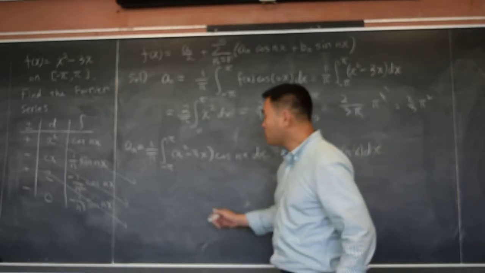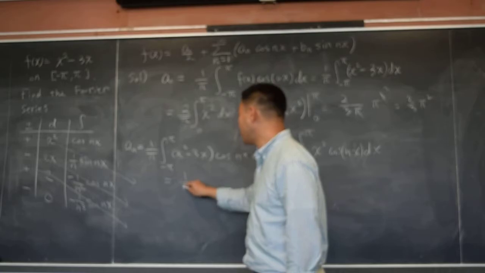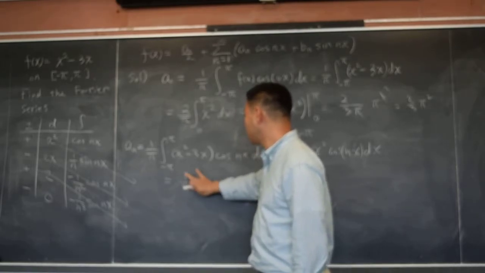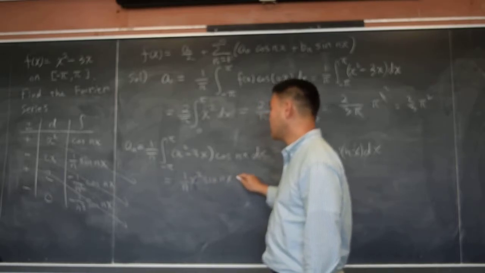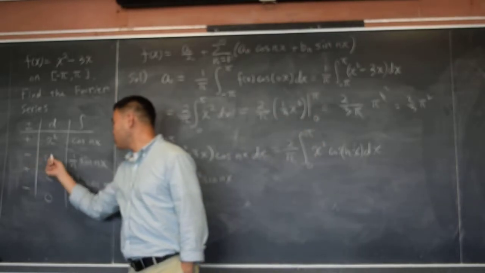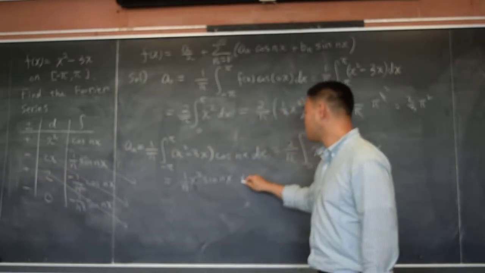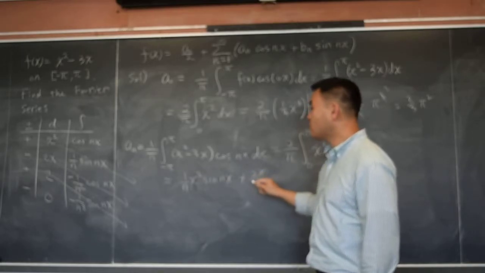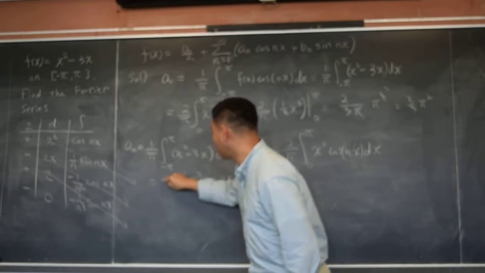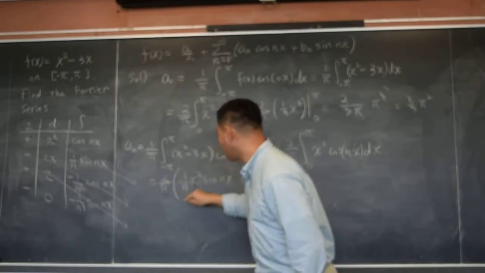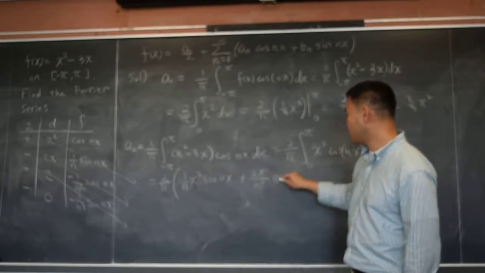Okay, so according to our tabular integration, this is what we have. It's 1 over n x squared sine nx. Okay, and then minus 2x times negative 1 over n squared cosine nx. Negative times negative is positive, so that's plus 2x over n squared cosine nx. I forgot this 2 over pi, sorry. 2 over pi multiplied to the entire thing.